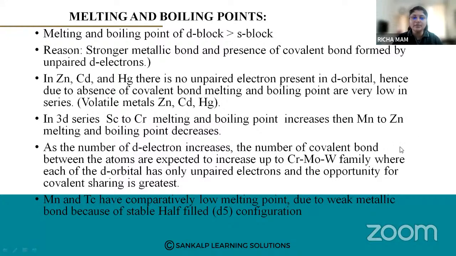We saw that the melting point was maximum for the d5 electron configuration. The metals of the second and third series, as you could see by the graph, had a greater melting point than the first series. These were the things which we had seen in our last class.